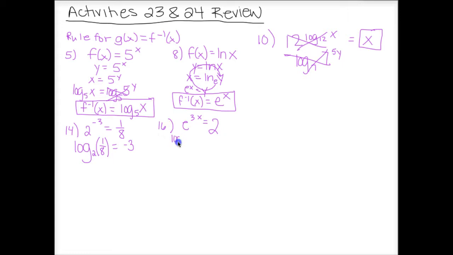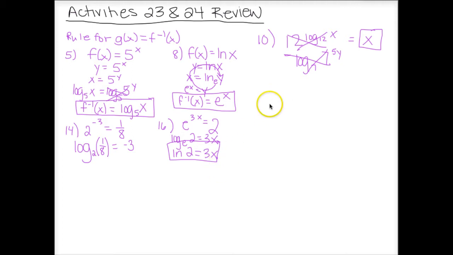Some people keep writing log base e of 2 equals 3 to the x. If you write this as your first step, I'm okay with that, but you absolutely cannot leave log base e as an answer. Log base e is natural log by definition, so you have to write it this way. Natural log of 2 equals 3x would be the logarithmic statement in that case.